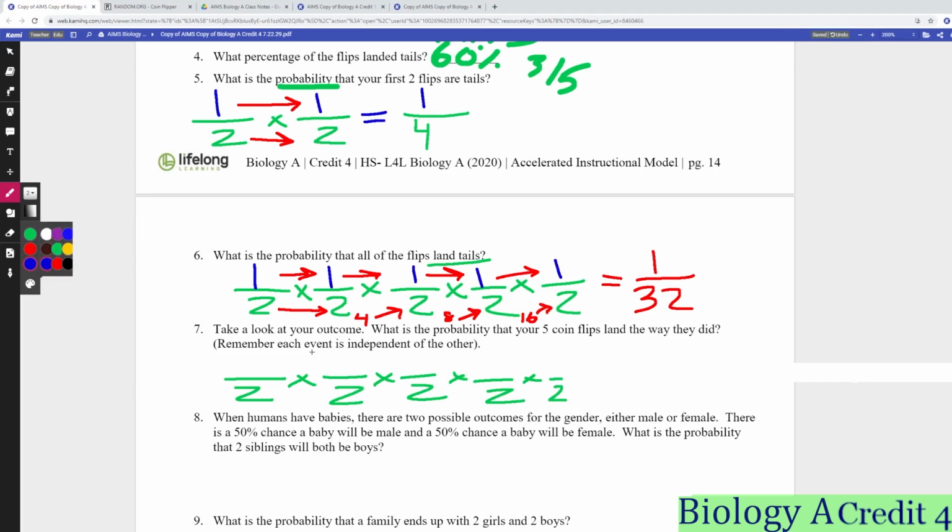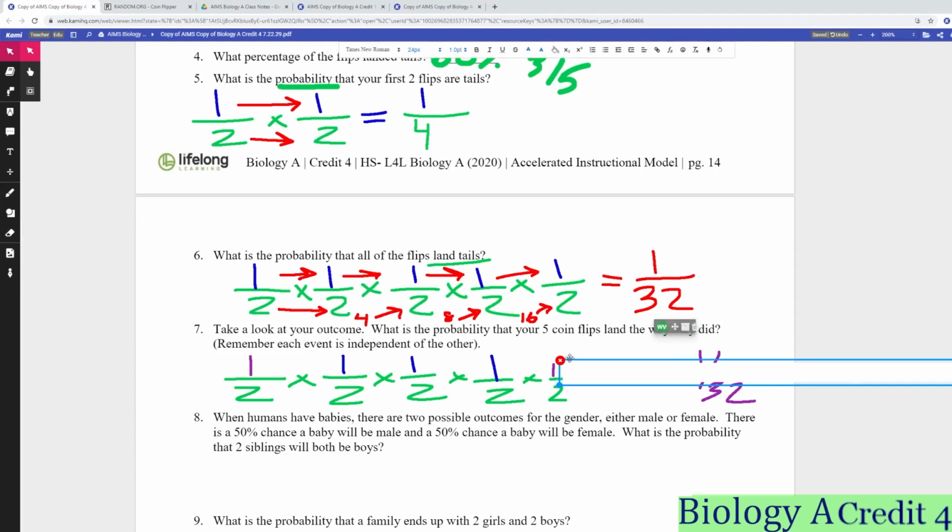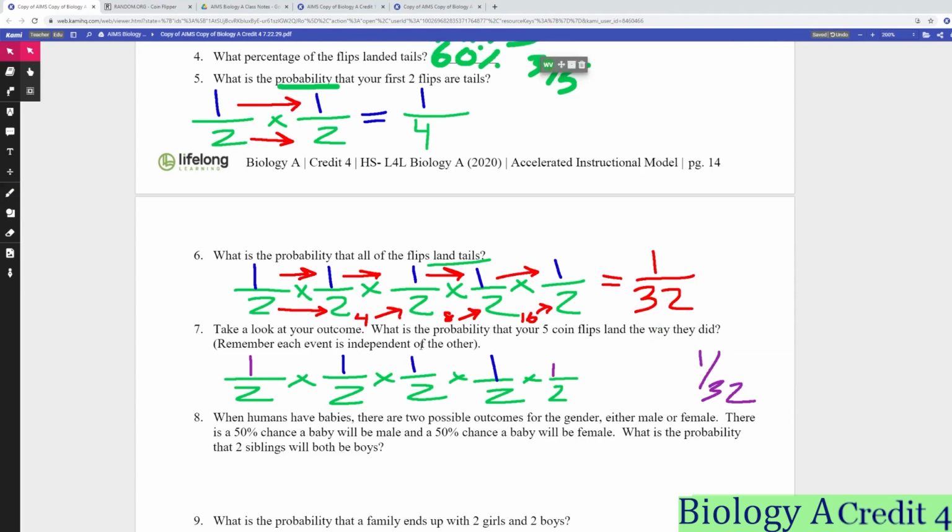And so the 3 in the middle were tails, and our first and our last were heads. So all we're going to do is just multiply straight across again. So we should get our 1 out of 32. Awesome.